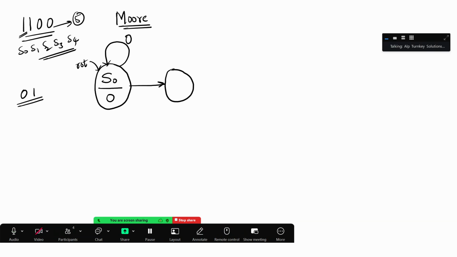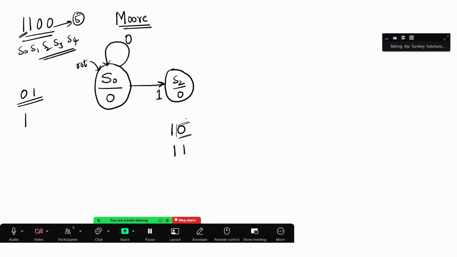Here this is nothing but S2. I didn't get the whole sequence. Here I got 1. And at S2 I need to check. After 1, I can expect 0 or 1. So I need to check 1 bit.